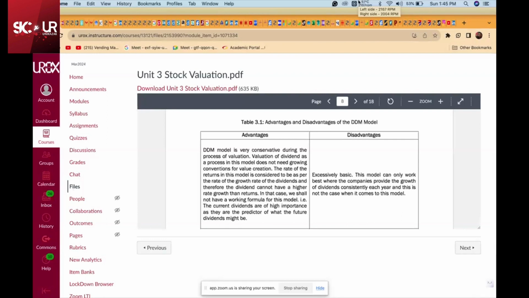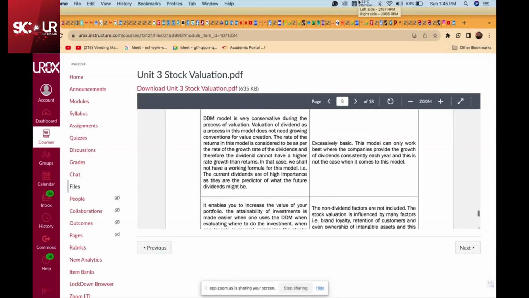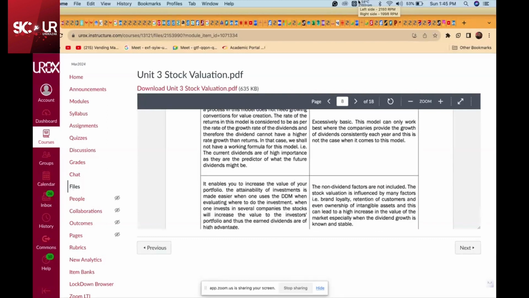Based on the past growth, we determine what is the cost of capital and what is the last year's dividend. The disadvantage, of course, is that it is excessively basic, and this model can only work best where the companies provide the growth of dividends consistently each year.